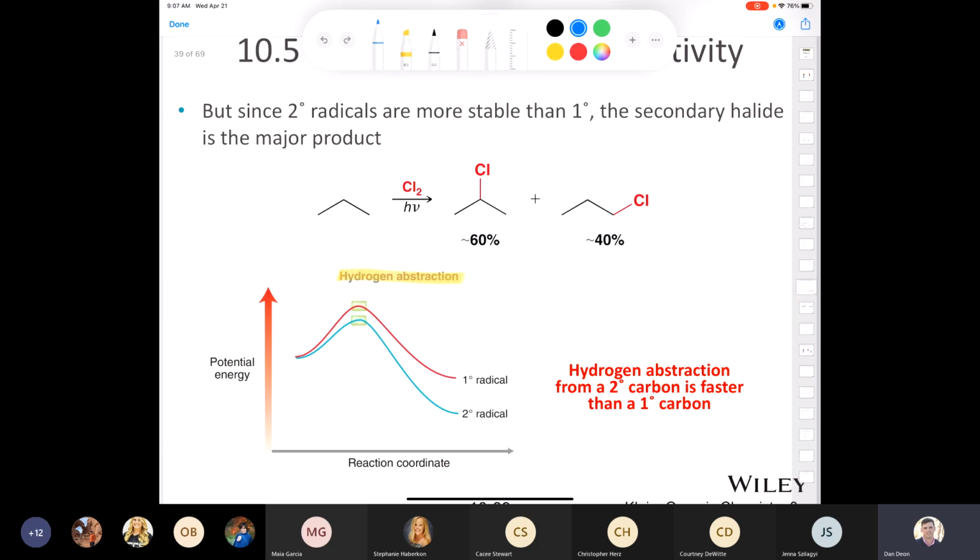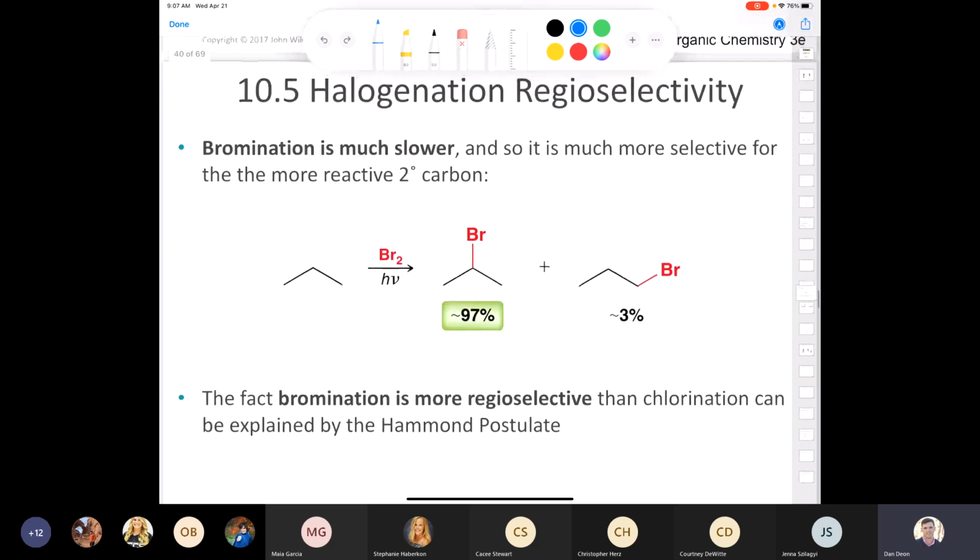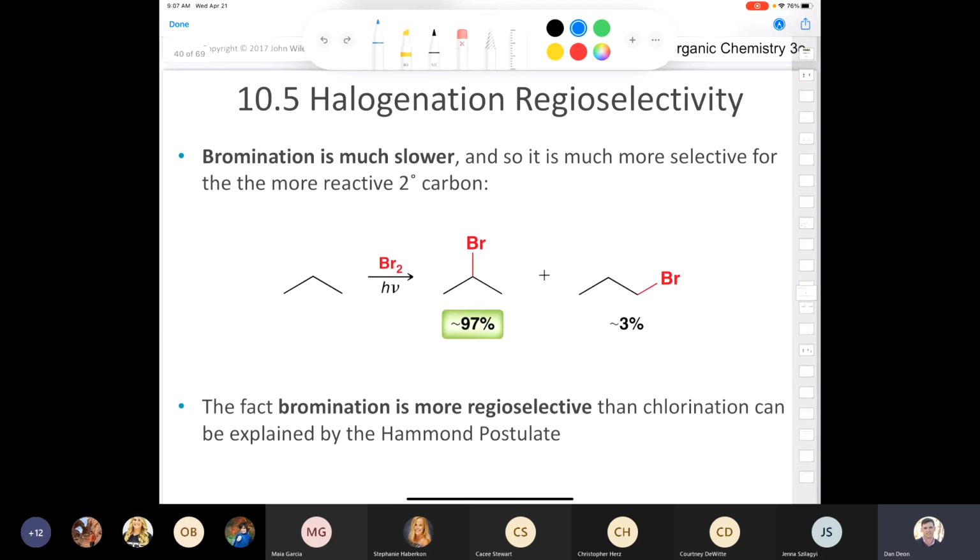And so it's going to be discriminant because the intermediate that produces the secondary radical is going to be a little more stable, or a little lower in potential energy, but not that much. And so we see a little bit of an increase in the yield of the 2-chloropropane versus the 1-chloropropane.